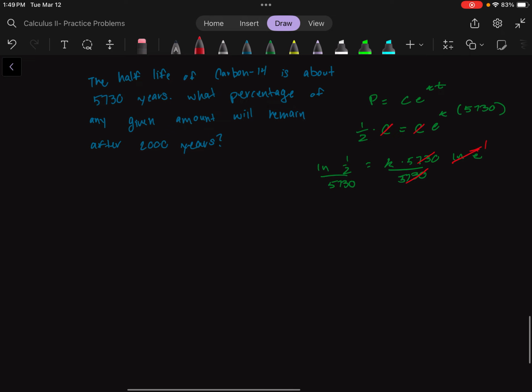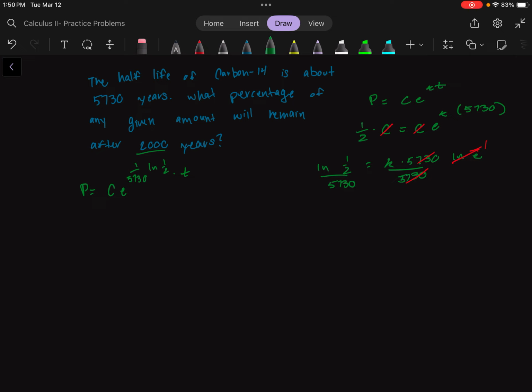So let's rebuild our equation. We have P equals Ce to the k, where k was 1 over 5730 times ln of 1/2, and then we also have t. Notice that they gave us 2,000 years for t, and they want us to find what percentage of P will remain.